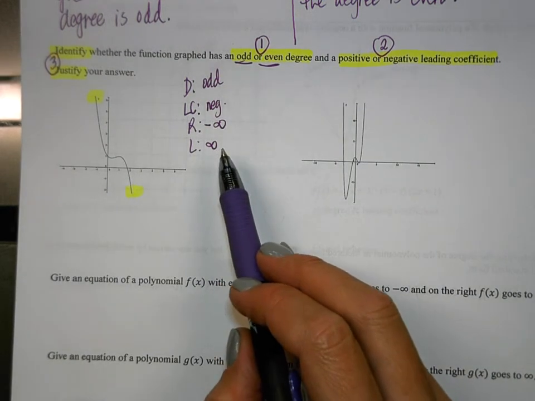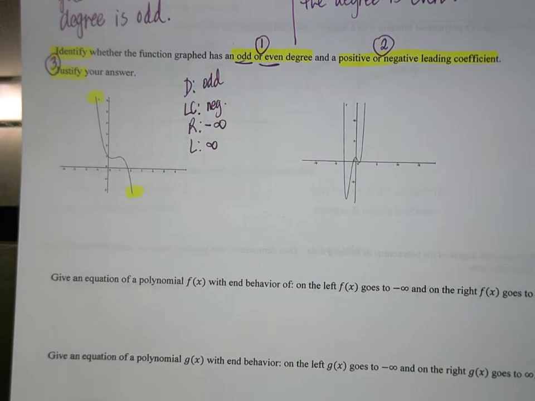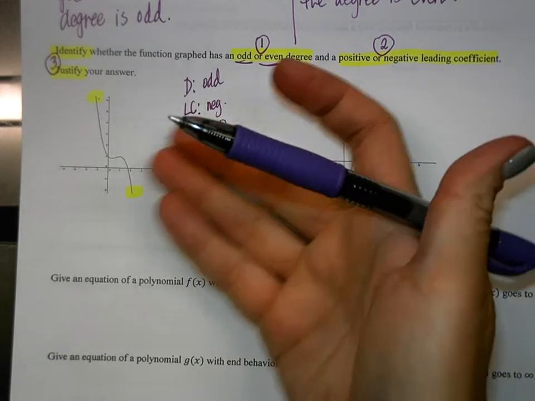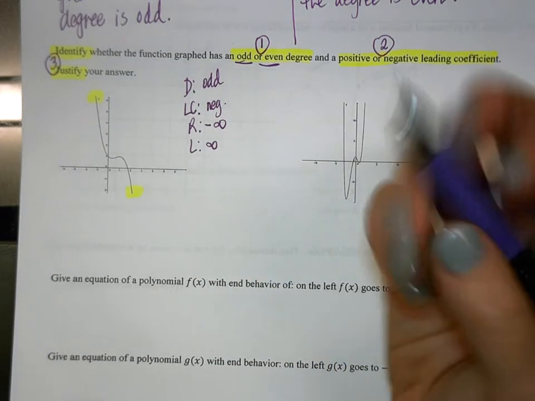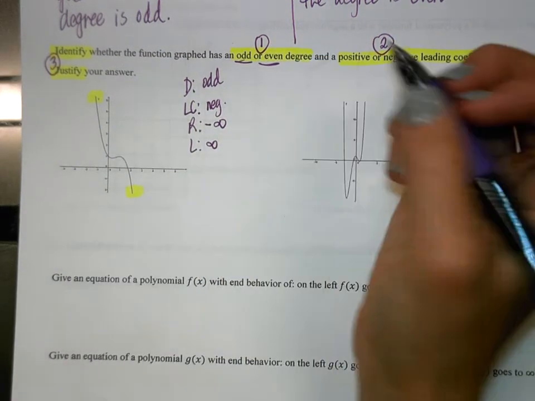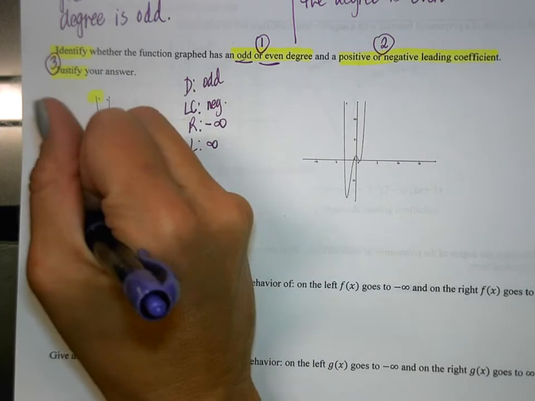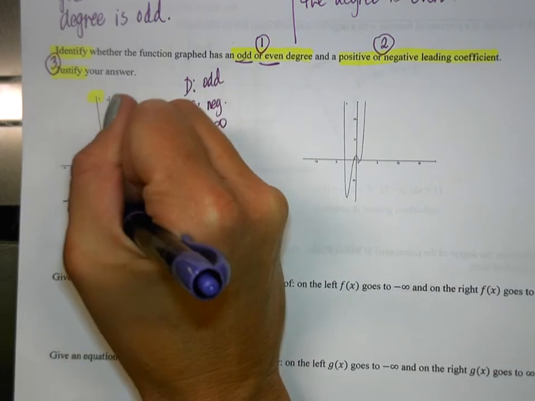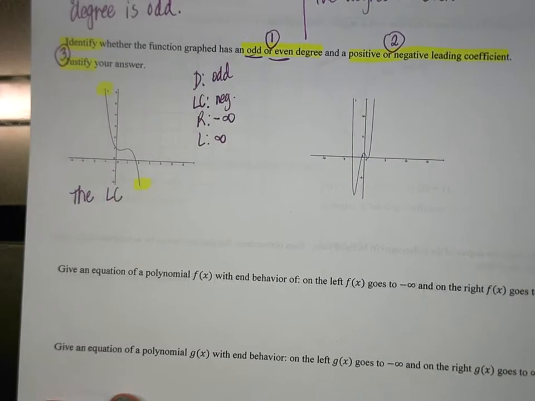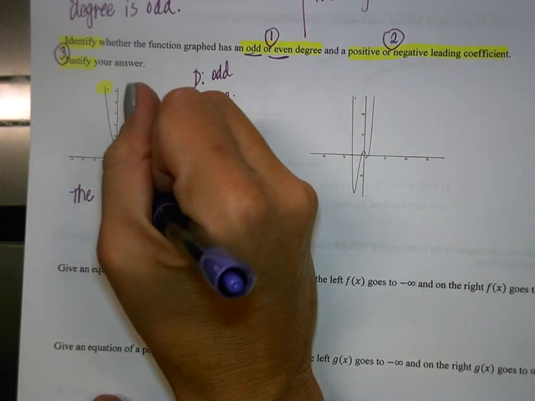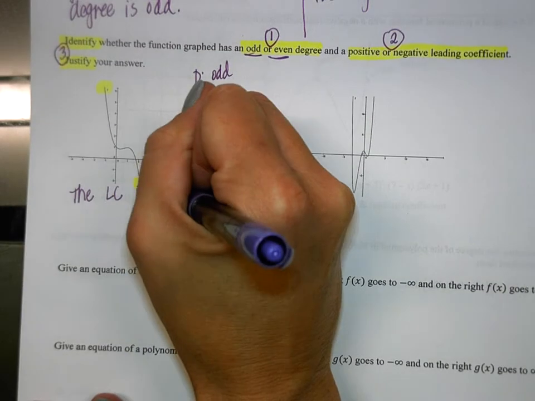Now, they said to justify our answer, which means we need to write a statement. So we have the information. All we're going to do is write how we know this information to be true. Okay? And I'm going to start using some abbreviations as I write. So the first thing I'm going to put is the lead coefficient, but I'm going to write that as LC, is negative because why?